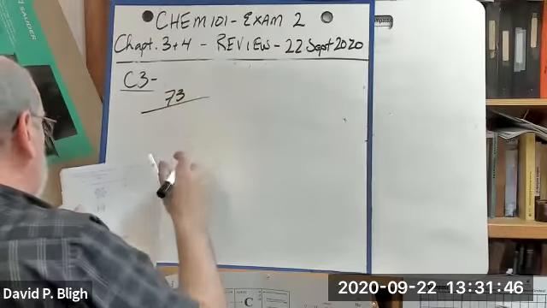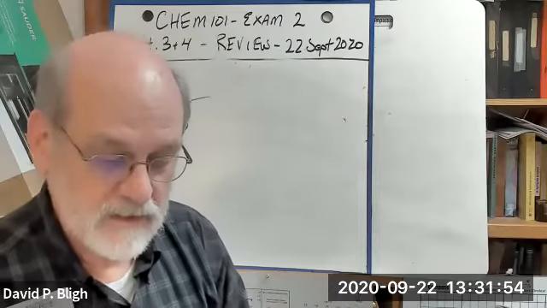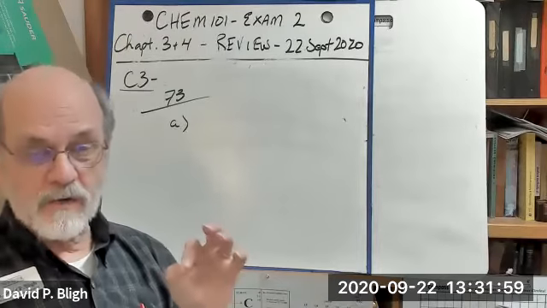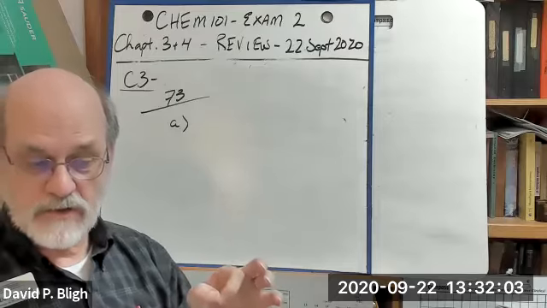73. With A, we have a representation of a molecule that has so many carbons and so many hydrogens in it. What does the question ask? The question asks for the empirical formula, which is the simplest whole number ratio.